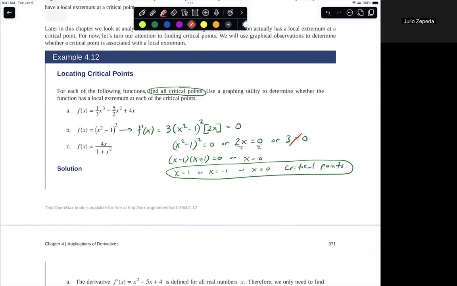How about part C? Well, that's a good exercise here, so let's take a look. The derivative, f prime of x, is going to be, we're going to use the quotient rule. So f prime times g minus g prime times f, all divided by g squared.